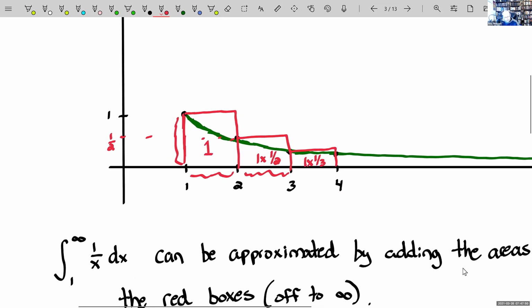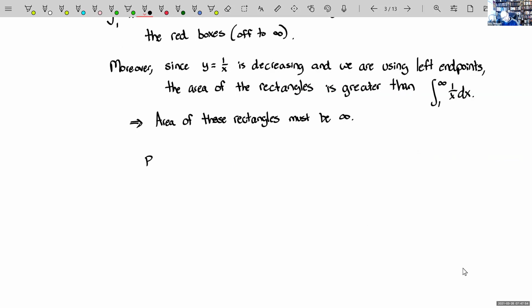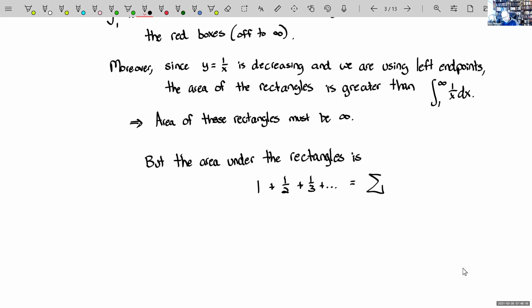So let me go ahead and write that down. The area under those rectangles is 1 plus 1/2 plus 1/3 plus so on and so forth on to infinity, which is the summation n equals 1 to infinity of 1 over n.